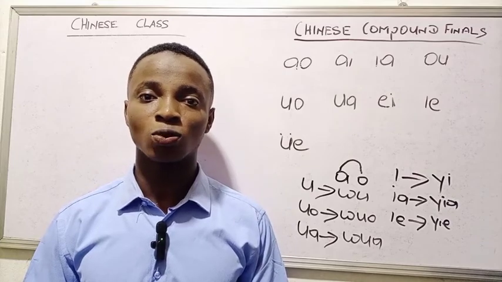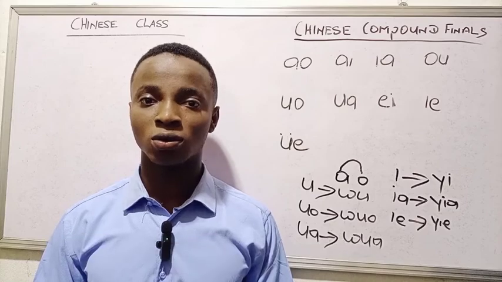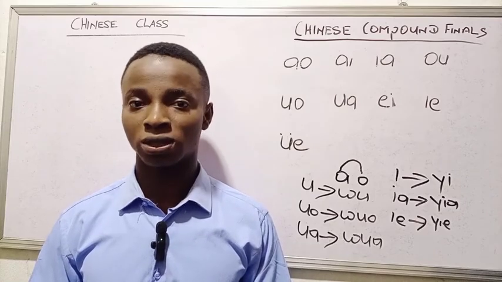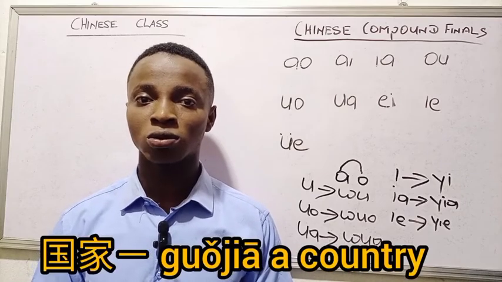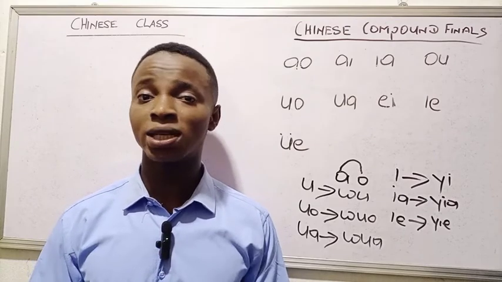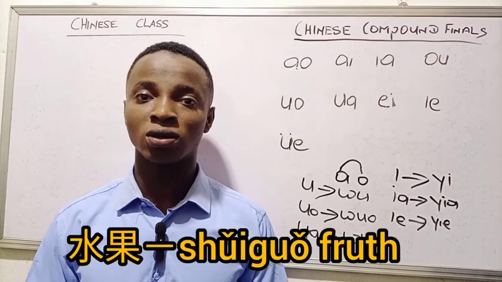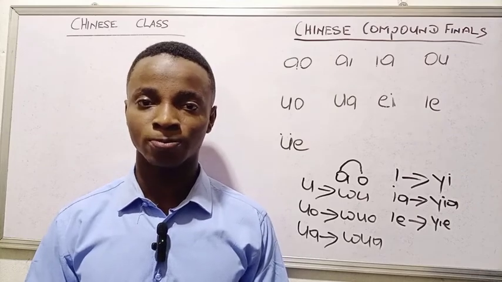The next part, we have war. War means country. 国家, meaning country. 水果, meaning fruit.